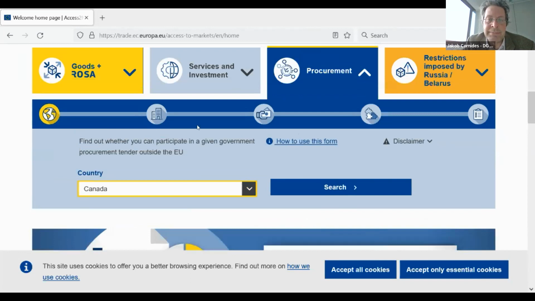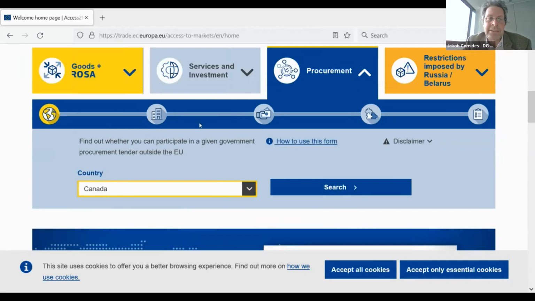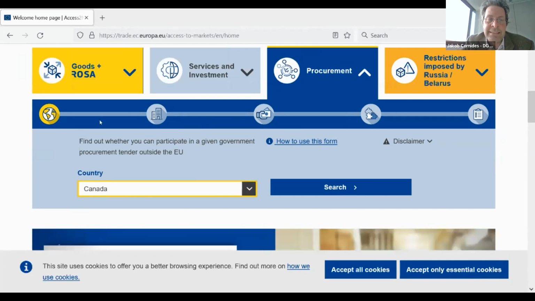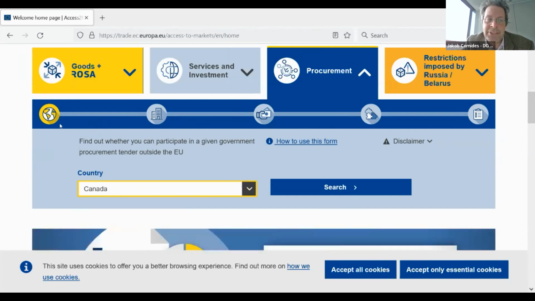As you can see here, and I suppose it's similar to what you have already seen on ROSA and on services, the presentation is very simple and the process is also very simple. You have a little voyage to make. It's indicated in this upper bar. You travel from left to right and you go step by step.